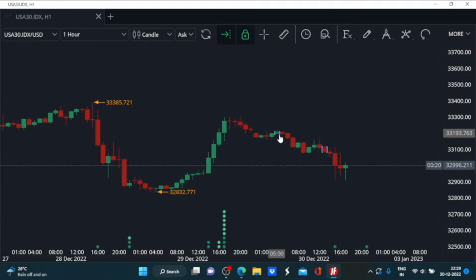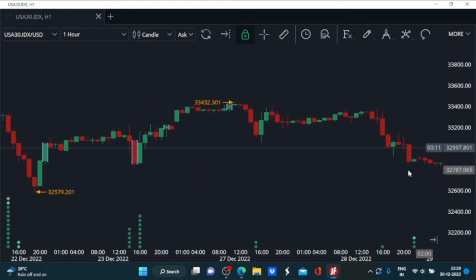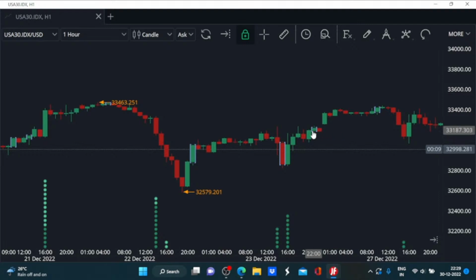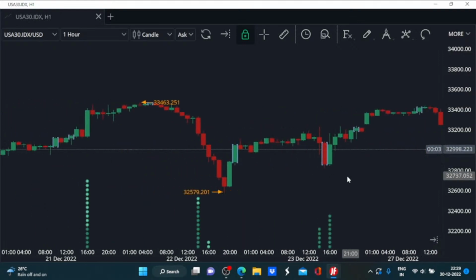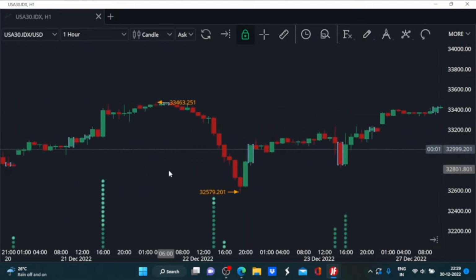It actually went into loss, and then we got this three outside down, and it did bring in gain if you had shorted. So we will have to observe that sometimes the gains are there, not all the time. Sometimes the losses are there. So you will have to keep this in mind.